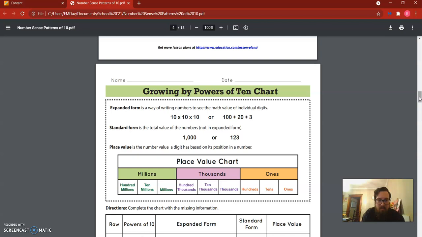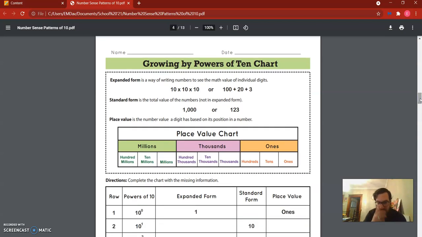How do you get 100? 10 times 10, correct. And then what do we multiply that by to get 1,000? 10 again. So as you see up here, expanded form is breaking it down and writing the numbers to see the math value of each individual digit of each tens place on our chart. So 1,000 in expanded form would be 10 times 10 times 10. Good job, guys.